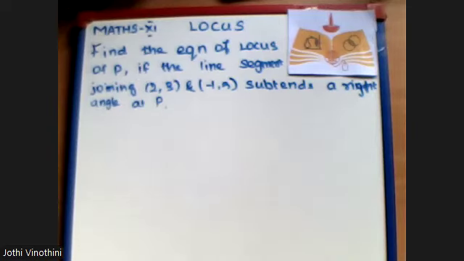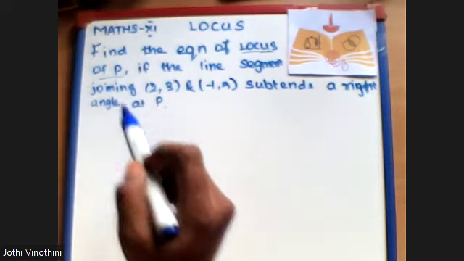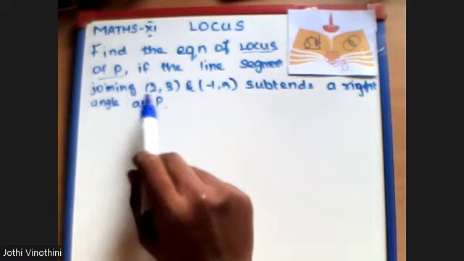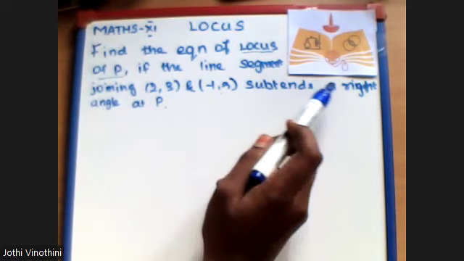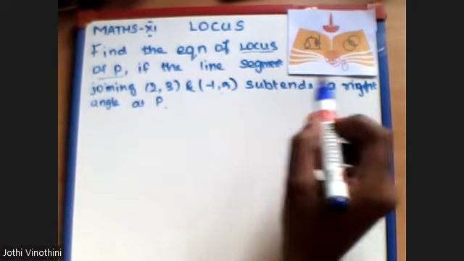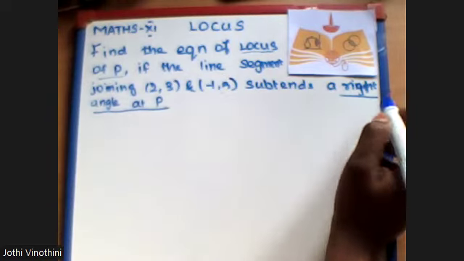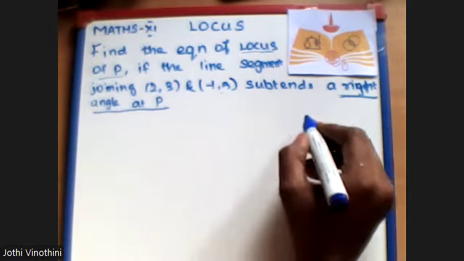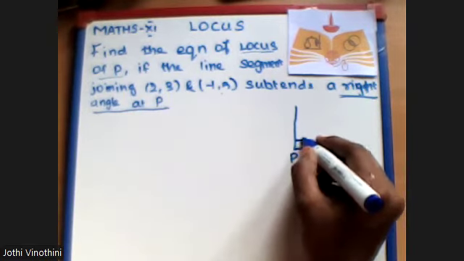So what they ask us to find is the locus of point P, right? If the line segment joining two points subtends a right angle at P. Okay, so now we can start solving the sum from this point. At point P, it's a right angle.